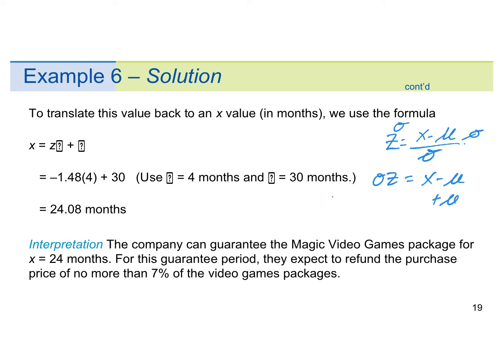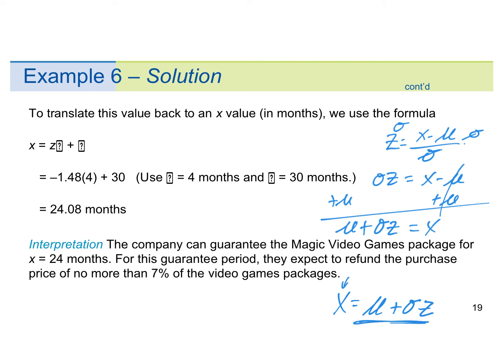And then I'm going to add mu to both sides, and I get mu plus sigma times z is equal to x. Therefore, we have a new formula, x equals mu plus sigma z. So if you're trying to find x, we can use this formula right here. Here's our mu, here's our sigma, here's our z.